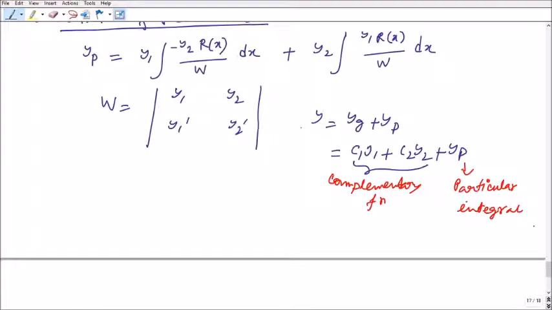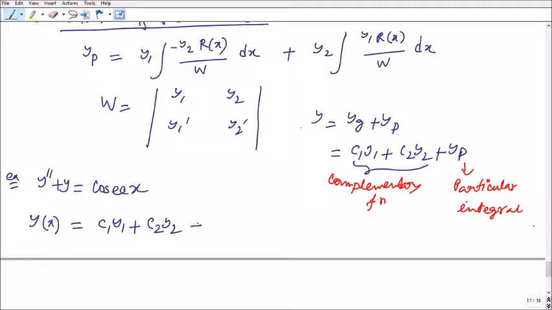Suppose we have to solve this differential equation: y double dash plus y equal to cosec of x. So the complete solution of this differential equation is y of x equal to c1 y1 plus c2 y2, which is the complementary function, plus yp of x.